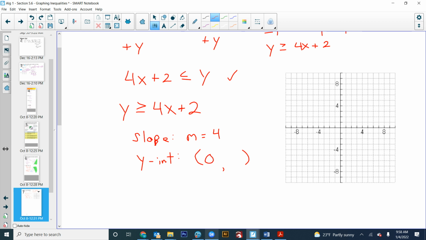Good. So let's plot the point (0, 2), and then use the slope of 4 over 1. Up 1, 2, 3, 4, right 1. So our line is going to be solid.